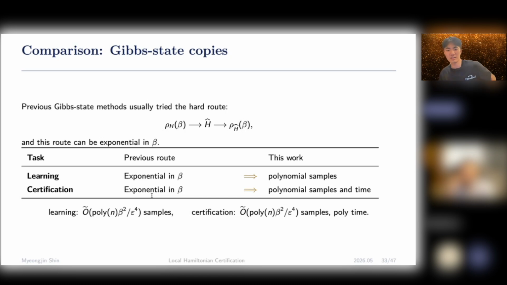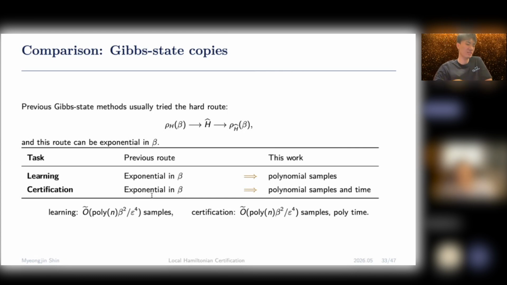And as said, by just learning or certifying the Gibbs state itself, it only requires a polynomial number of samples, and when certifying it, it is time efficient. I'm going to explain why learning is time inefficient and certification is time efficient.